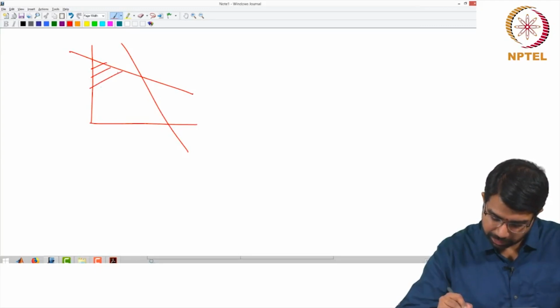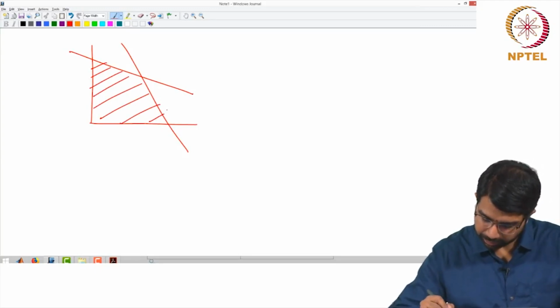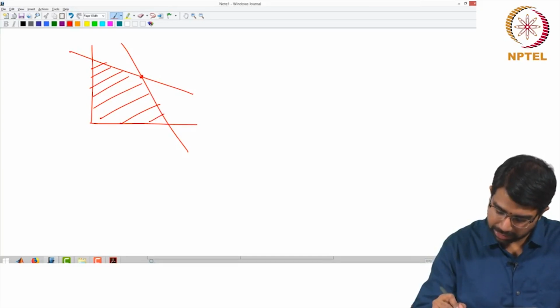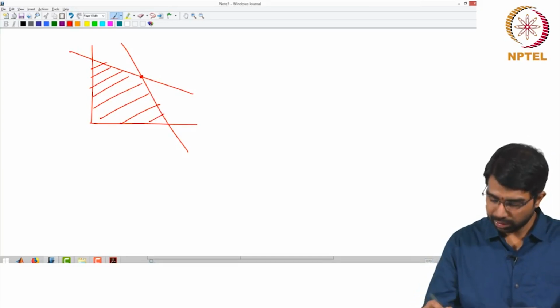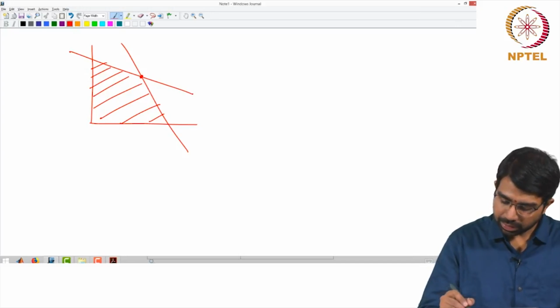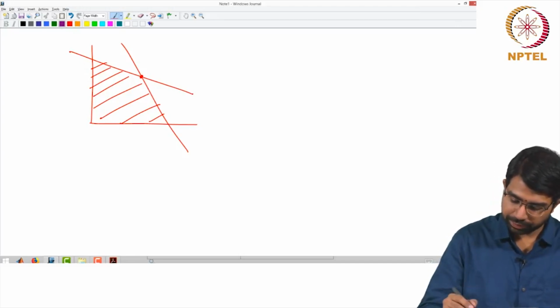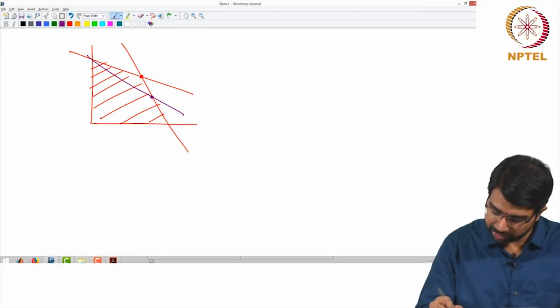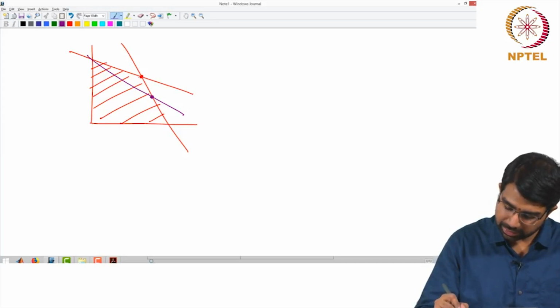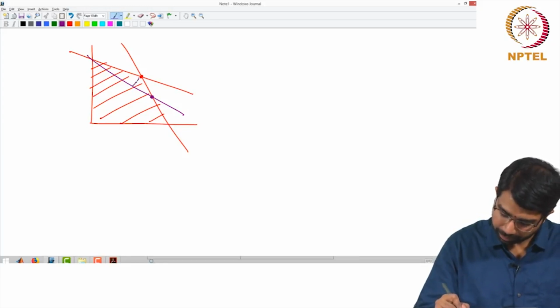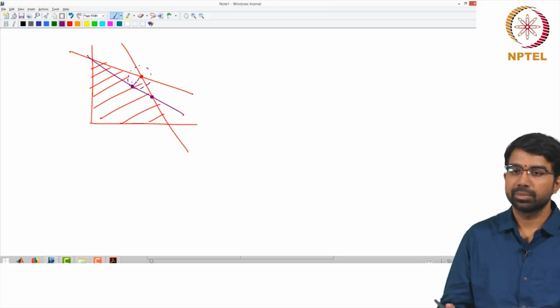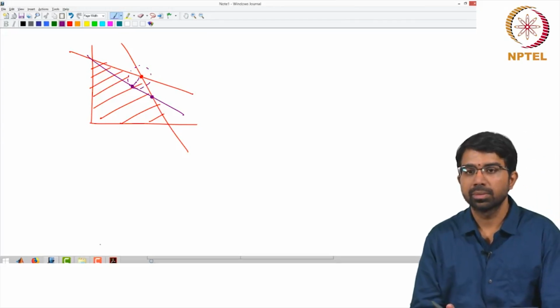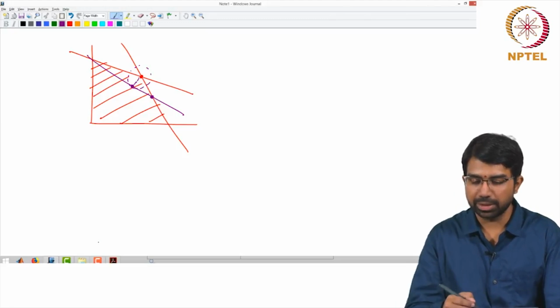This is the original feasible space, which means your optimum was likely here, or here. Now I have a change, which means my FBA predicted optimum will be here, whereas the MoMA predicted optimum will be here, closest to the original; you basically drop a perpendicular from there.